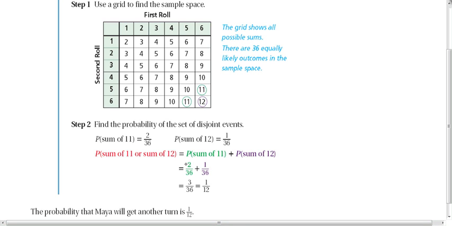Notice I did not simplify the 2 over 36 to 1 over 18, because if I did, I couldn't add them until I went back and found my common denominator. They're already in that form. I will add 2 plus 1, not adding the denominators. That's going to give me 3 over 36. Now I will reduce by dividing both numerator and denominator by 3, and I will get that the probability that Maya will get another turn is 1 out of 12.